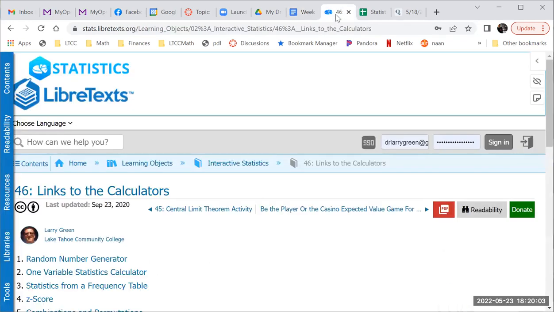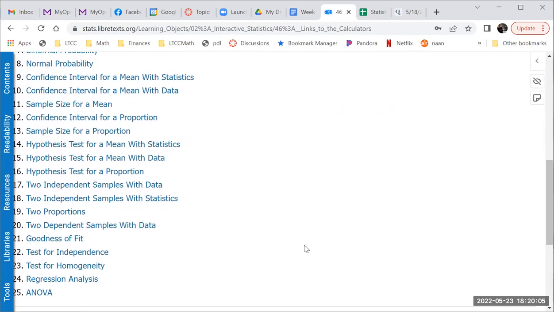So I go to the calculator. Tell me which one you think it might be. Hypothesis test for proportion, number 16. Oh, wait, it's 2 independent samples, so it would be 18, no, 19. Yeah, it's 19, because it's 2 proportions.